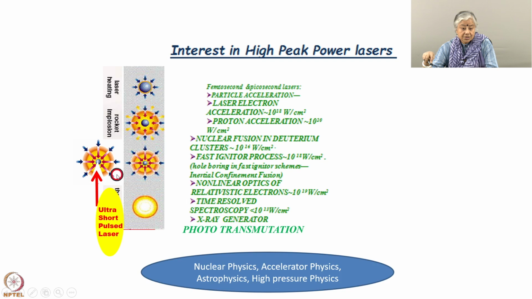At this stage, you bore a hole like this, you make a cone like this, using the same ultra short pulse laser, and here an ultra short pulse is required, not a nanosecond range laser, which is needed for the compression part. You bore a hole through it and allow this ultra short pulse laser to pass through and ignite the pellet here.